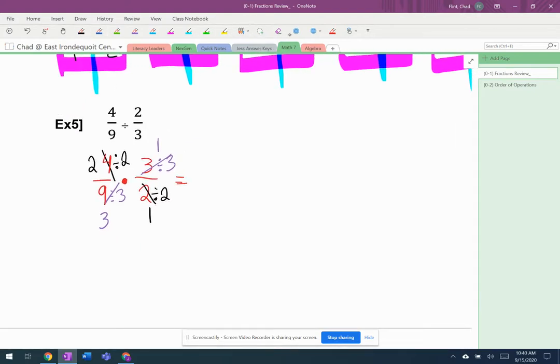So I'm going to take a quick second to rewrite that with my new numbers. So I now have 2/3 times 1 over 1, which very nicely gives me just plain old 2/3.